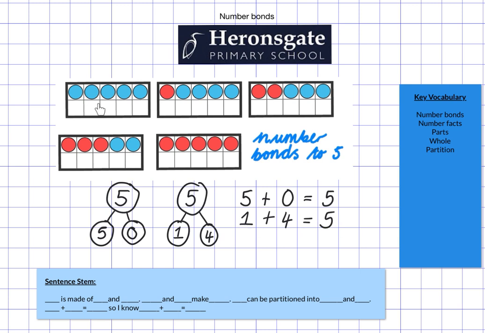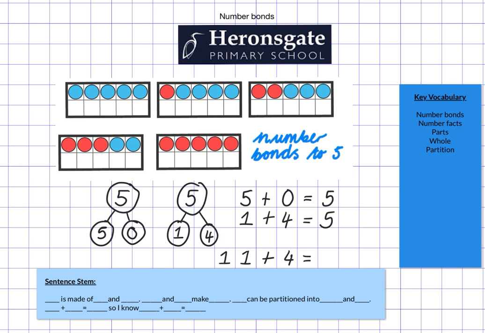So the children's understanding of number bonds to 5 is extremely important, because then they're able to work out other things that they know. So, for instance, if they had the equation when they're older, moving into later in year 1, and then also in year 2, if they had an equation like this, 11 plus 4 is equal to, they could utilise their knowledge of 1 plus 4 is equal to 5 to help them to be able to answer this very quickly.